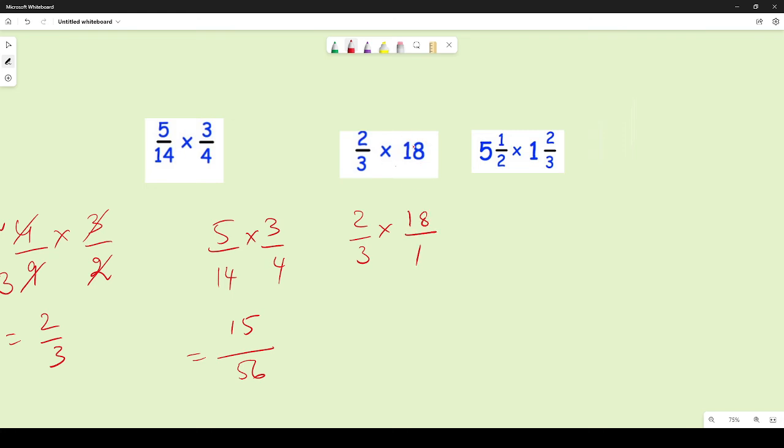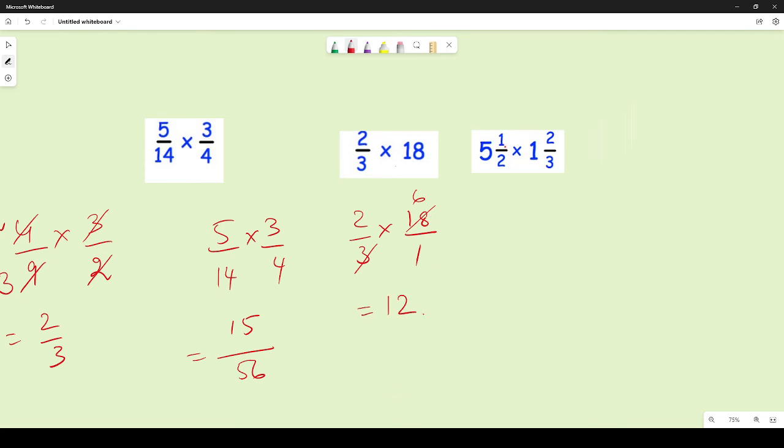I told you that whenever you have a whole number, it is always considered as a numerator. And if you are confused, you can put 1 in the denominator for any whole number. So 3 6s 18. Again, we are cancelling out a numerator and a denominator. So the answer to this would be 12.